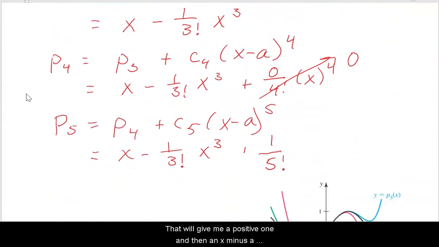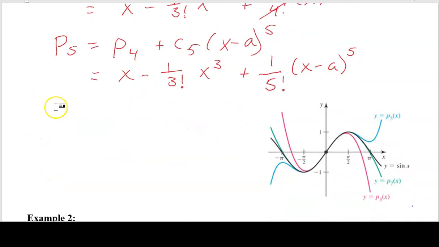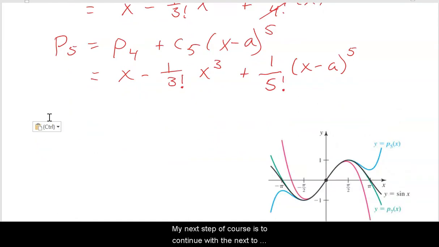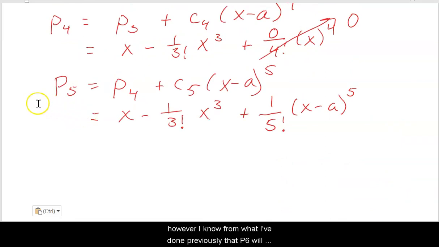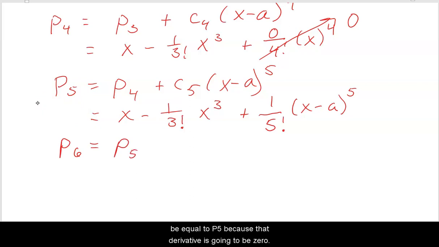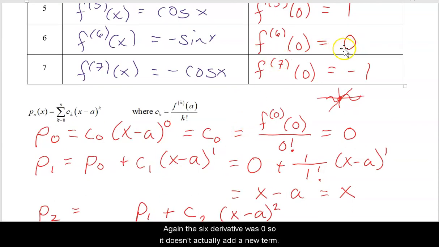That will give me a positive 1, and then an x minus a, again, to the fifth power. That will be P5. My next step, of course, is to continue with the next two. However, I know from what I've done previously that P6 will be equal to P5 because that derivative is going to be 0. Again, the sixth derivative was 0, so it doesn't actually add a new term.